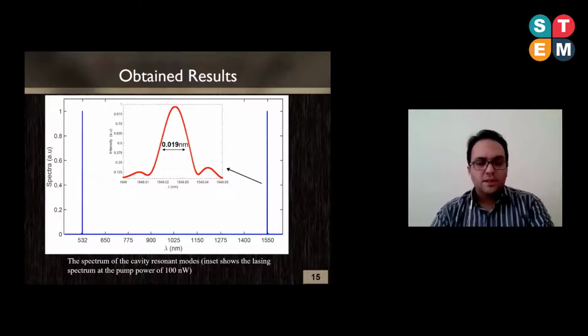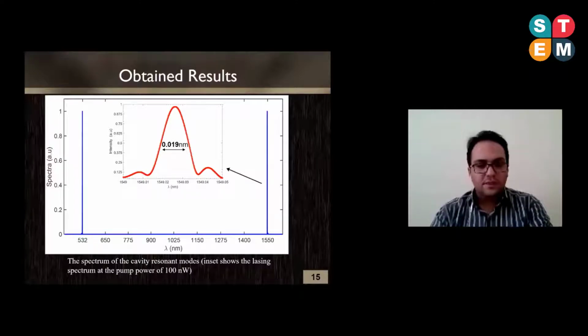Besides, we calculated the spectrum of the cavity resonant modes. You can see here this curve that shows the spectrum of the cavity resonant modes, in which 2 frequency filters are used for better detection of the selected resonant modes.